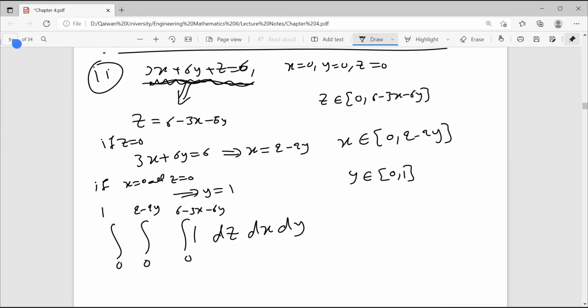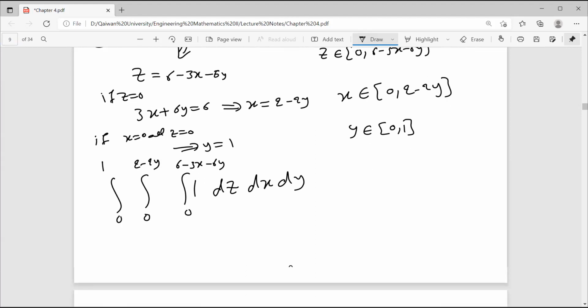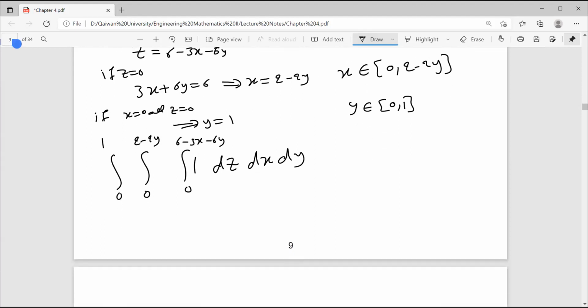So let's find it. The integration of 1 dz with respect to z equals z. And we get the double integration from 0 to 1, from 0 to 2 minus 2y, for z from 0 to 6 minus 3x minus 6y, dx dy.